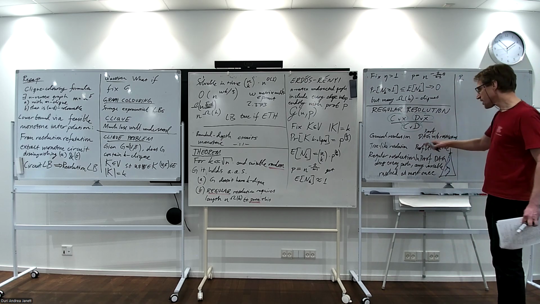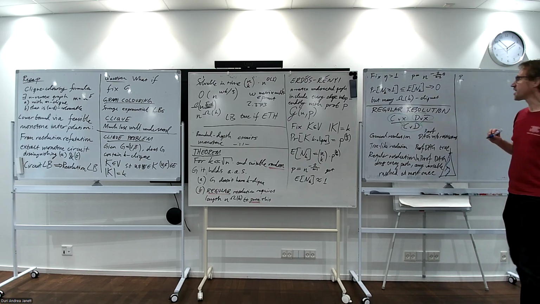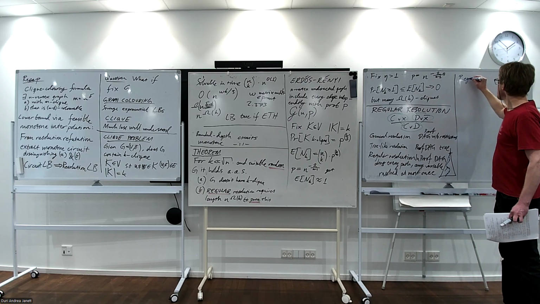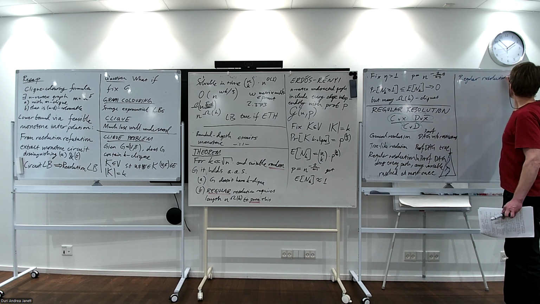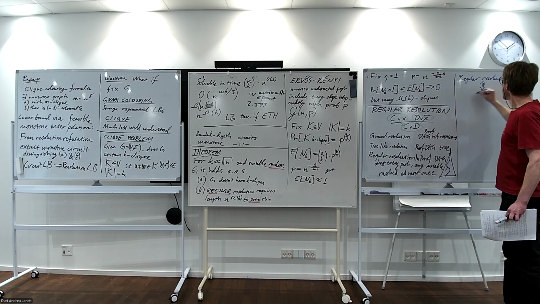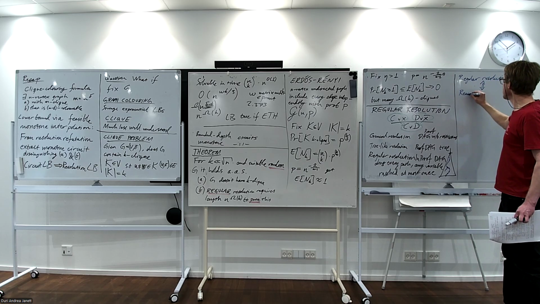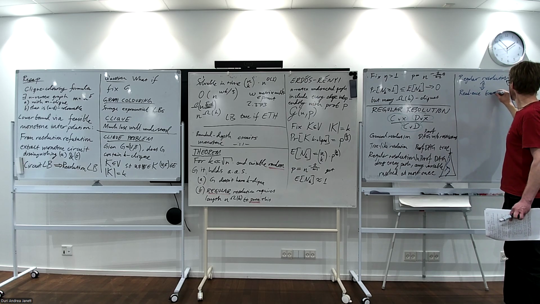Now, one thing that we're going to use: I said that tree-like resolution is the same as decision trees. Turns out that regular resolution is the same as so-called read-once branching programs.